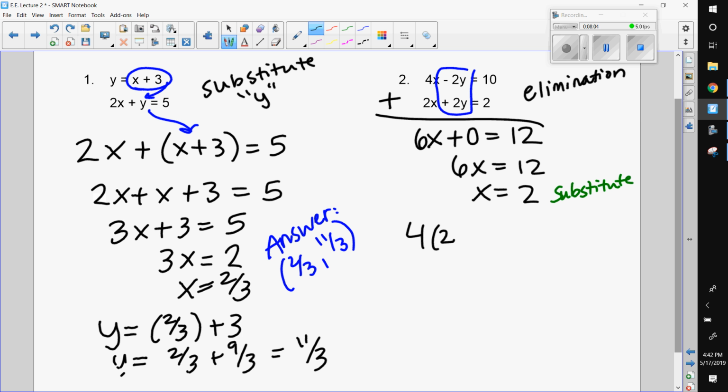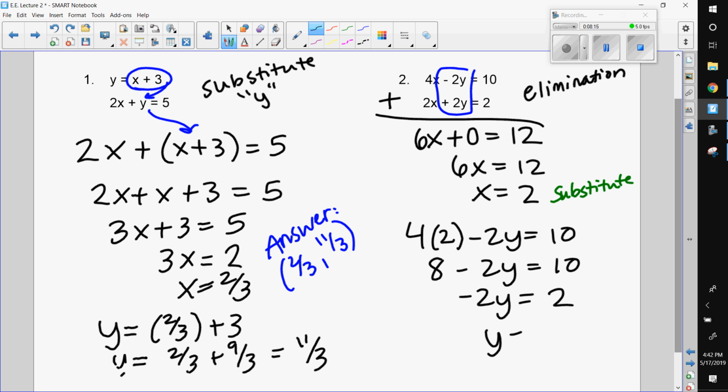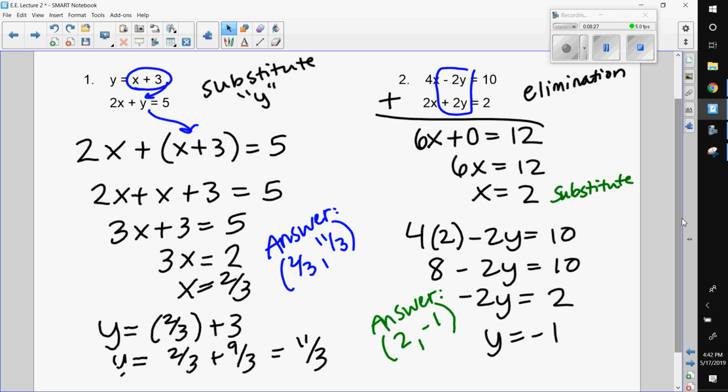So I'll just use the top one. I've got 8 minus 2y equals 10, -2y equals 2, y equals -1, which means that my answer for this as an ordered pair would be 2, -1. Okay, I know I did that really fast. Rewatch if you need to, or see if you can find some other videos for these.